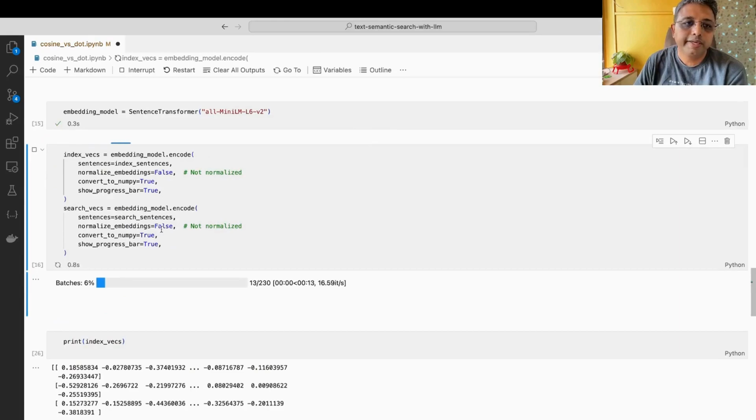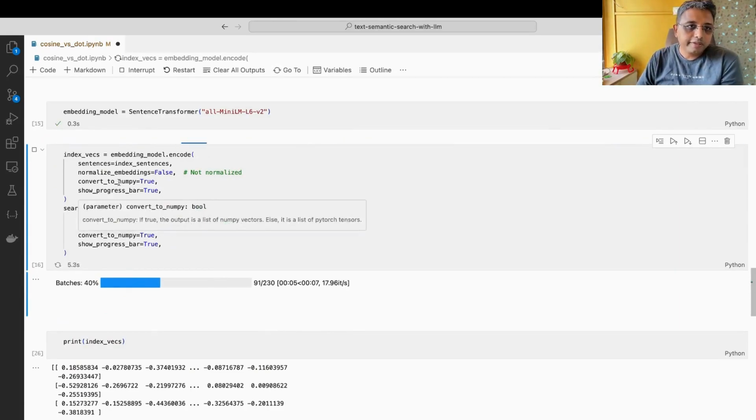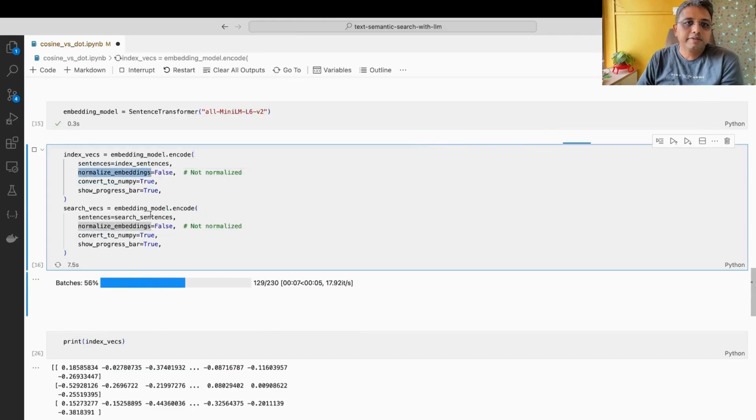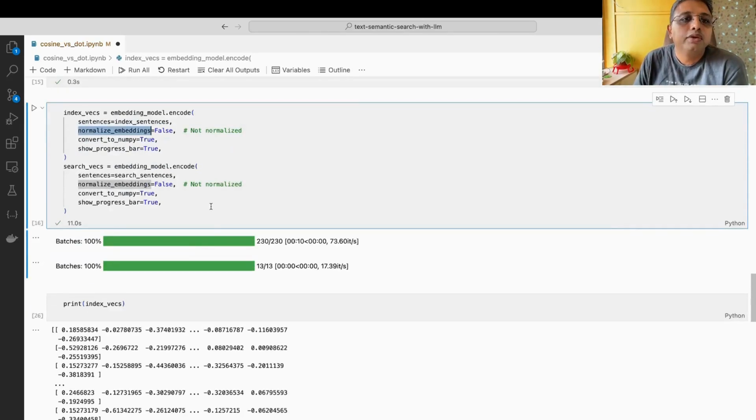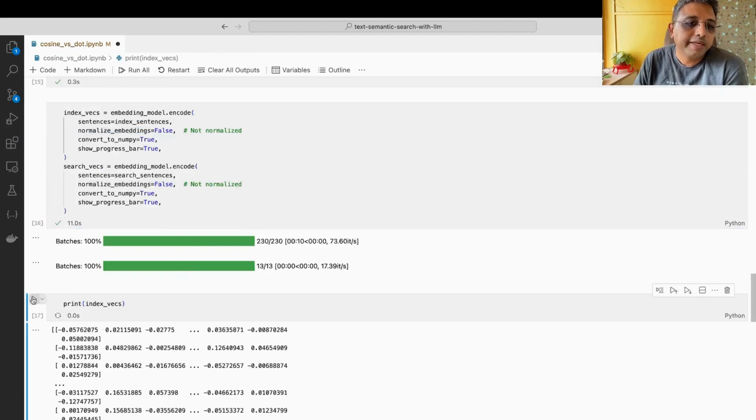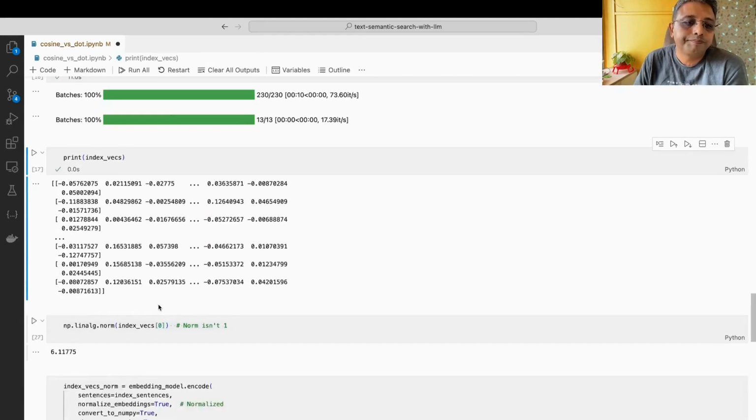We are creating embeddings here, and normalize embeddings has been set to false, so we are not normalizing them. That means ideally we need to use cosine similarity here. These are the vector values you would see.